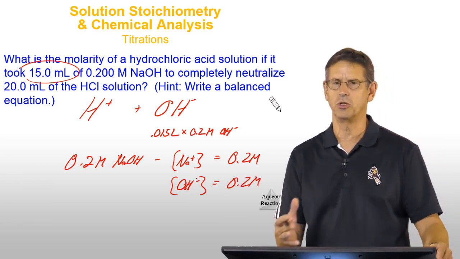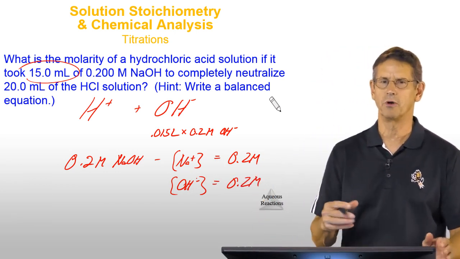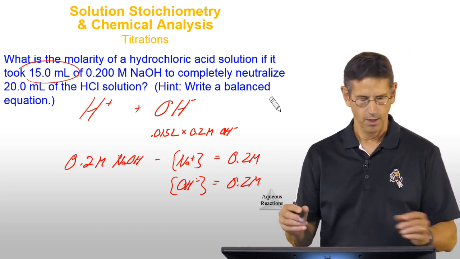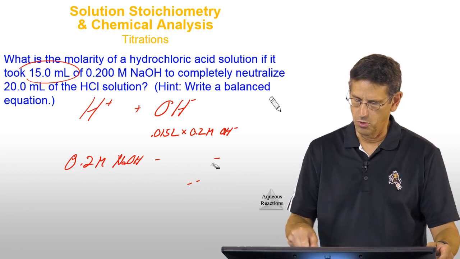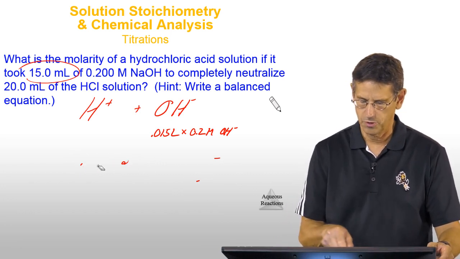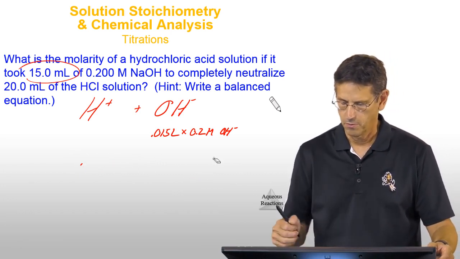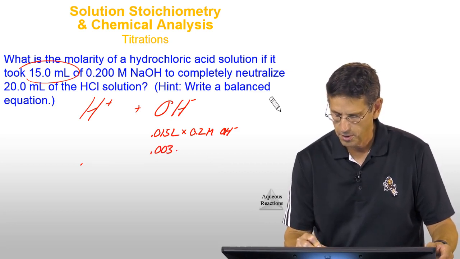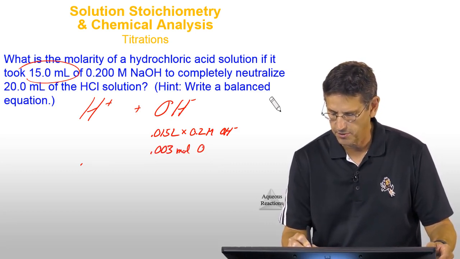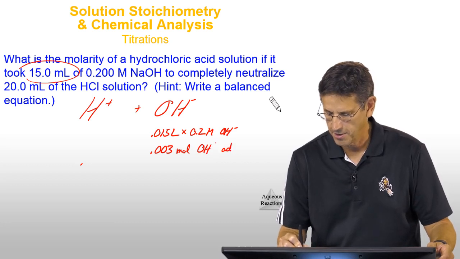We can ignore the sodium in this case because it's a spectator ion, where all we care about is the hydroxide. So we have added that many moles of hydroxide. What is that going to be? It's going to be 0.003 moles of hydroxide added.